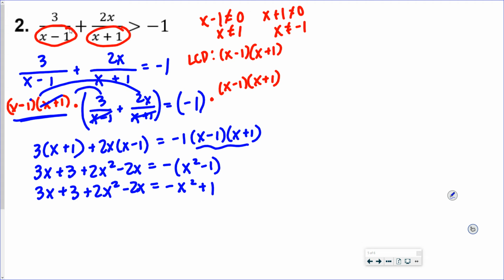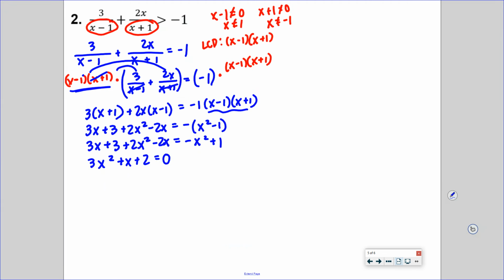Set this equal to 0. Combining all your like terms, you get this, which doesn't factor. Quadratic. So you'd have to use the quadratic formula.